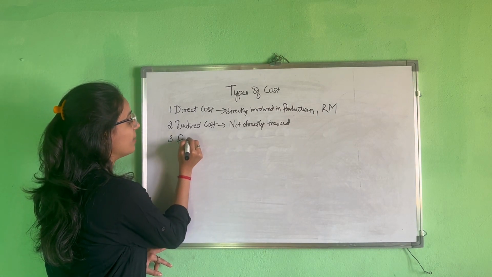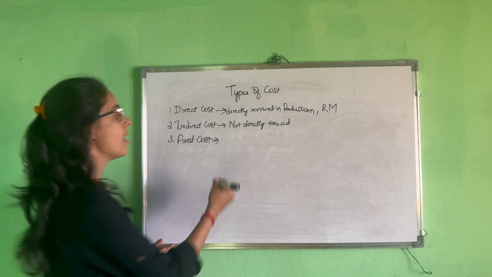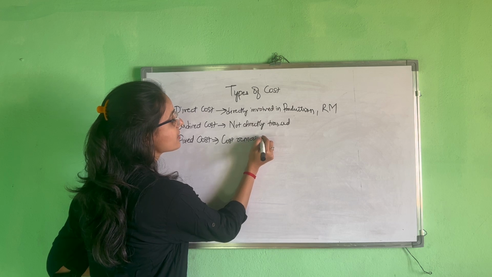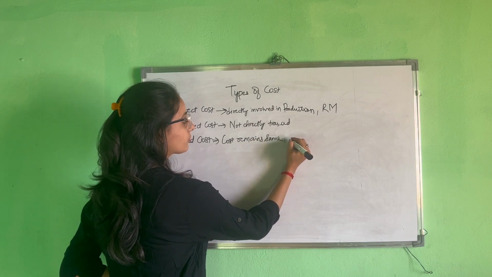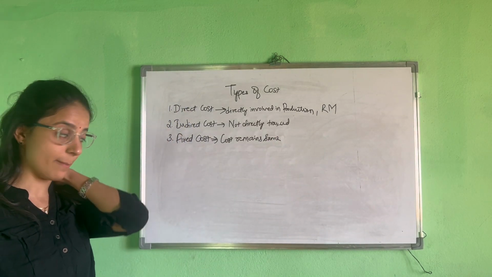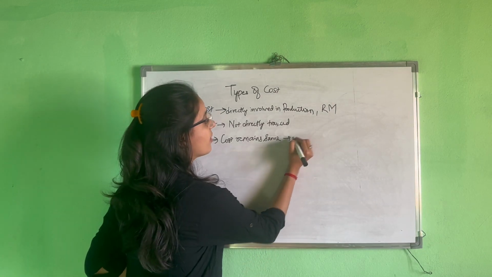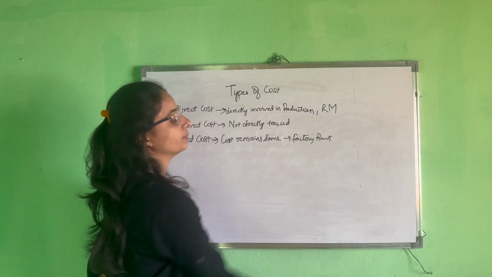Next comes a very important component, fixed cost, which means cost remains the same throughout the process. For example, factory rent.